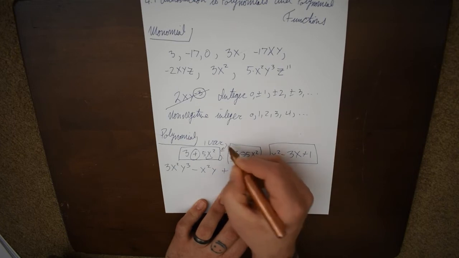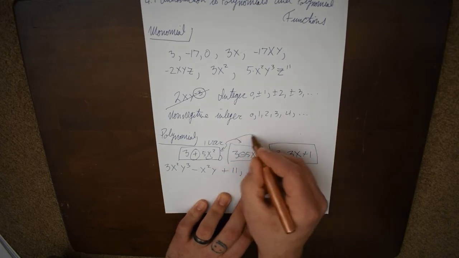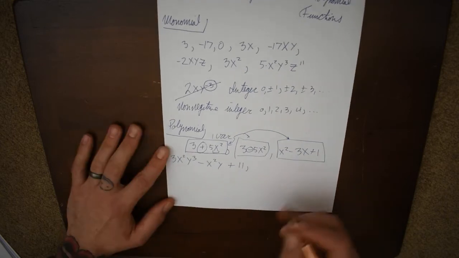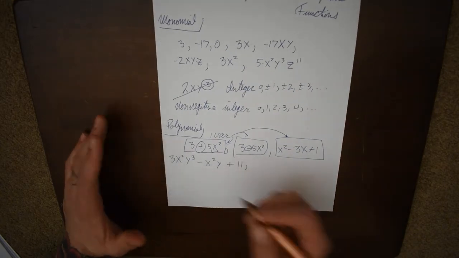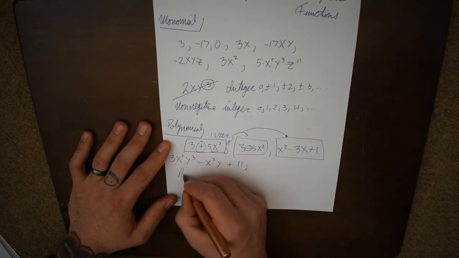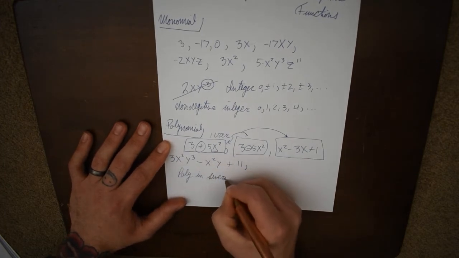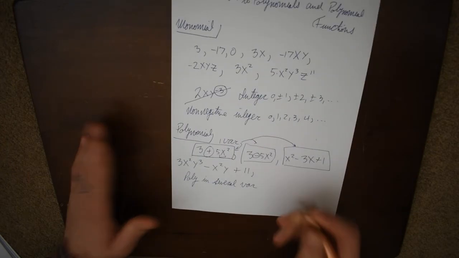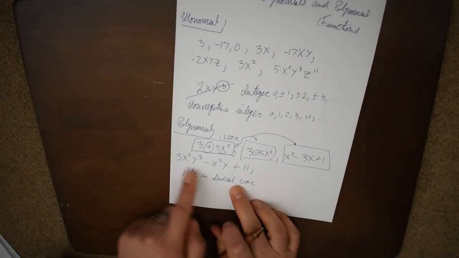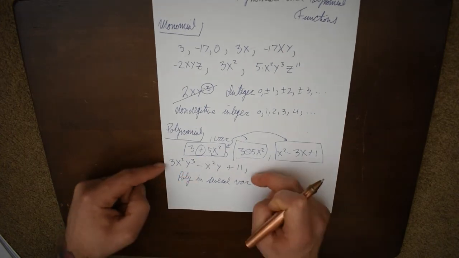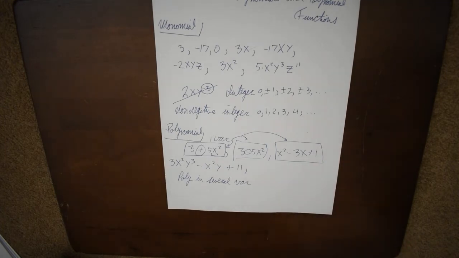There's just x's. Down here, this is a polynomial in several variables, because we have x's and y's in the same combination of monomials, I should say.